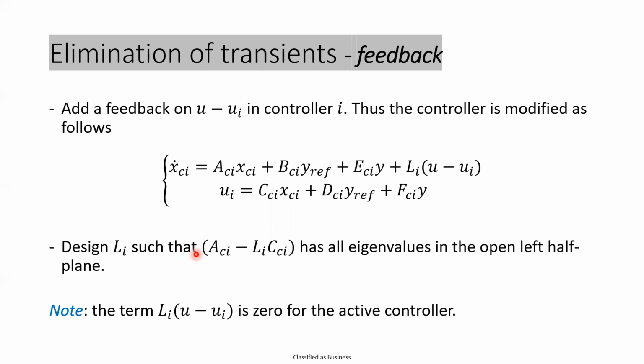And always remember that this extra term we have added to the first equation doesn't affect the active controller, because U is equal to Ui for the active controller. Which means that you are not changing the performance of the controller at all, because the active controller is doing the same. But when the active controller is connected to the system, you are taking care of the other controllers not to explode.